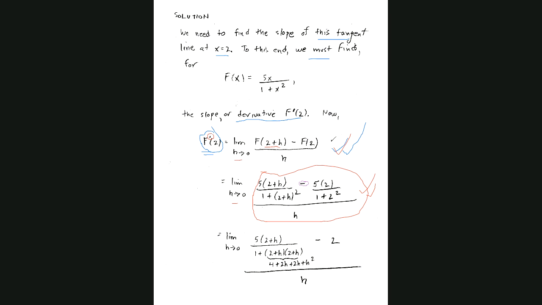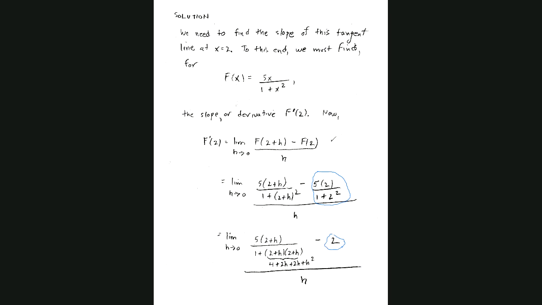So, of course, I have to work out this expression on the left. I know that on the right, 5 over 2, or 5 times 2 over 1 plus 2 squared, equals 2. No problem there, and I'm just going to leave the 2 there.